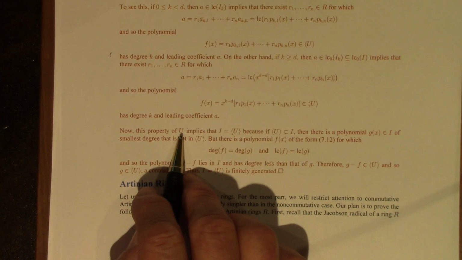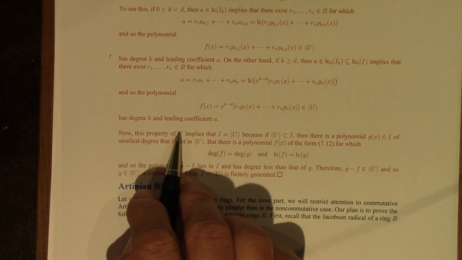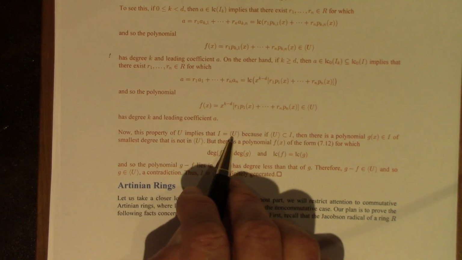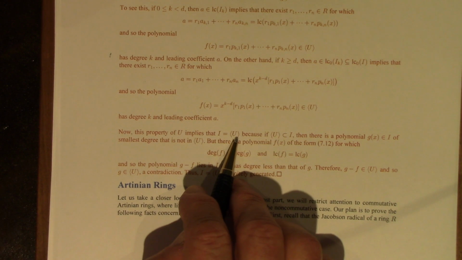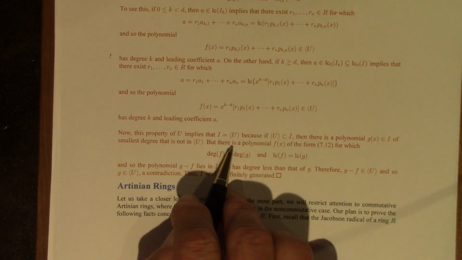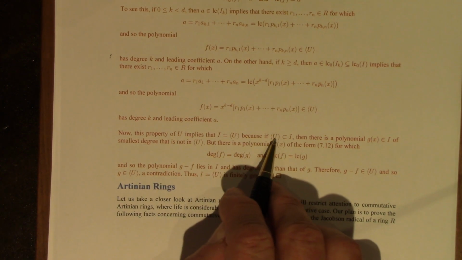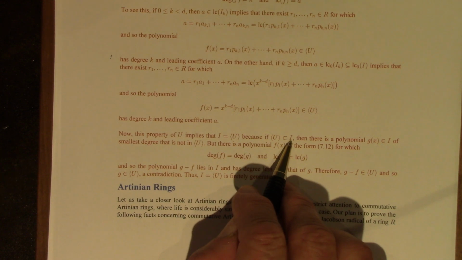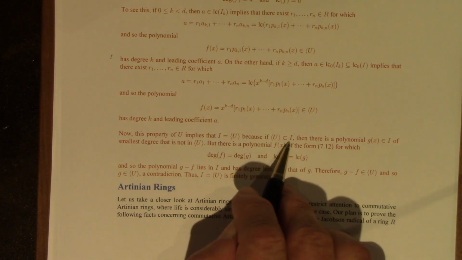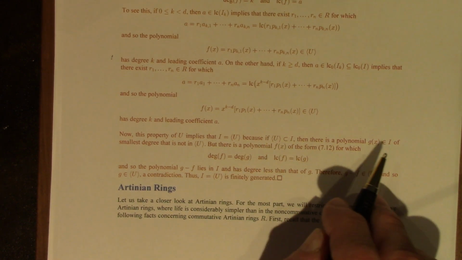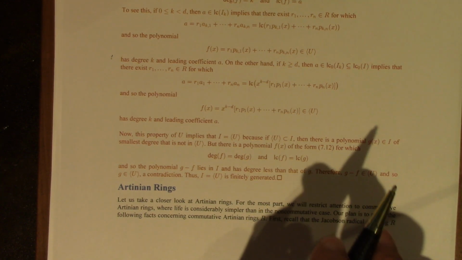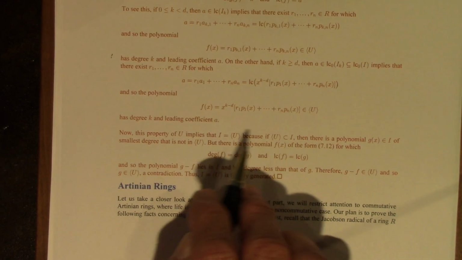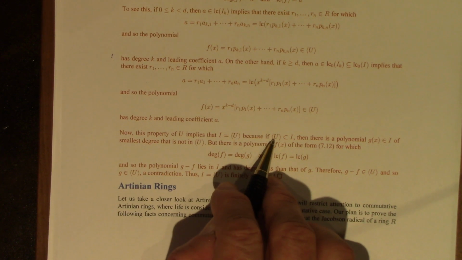And that property, in fact, implies that I is generated by this finite set, and so will be finitely generated. To see that, if this set U generates a proper ideal in I, then there's a polynomial g of x in I, of smallest degree, that is not in this ideal. Well, maybe you can see what's coming.